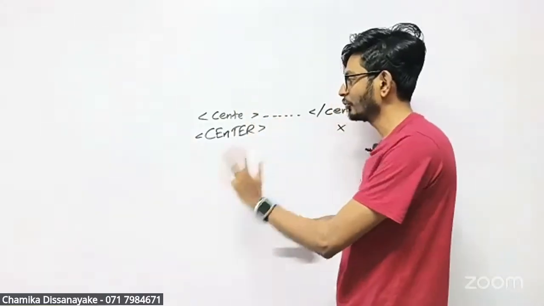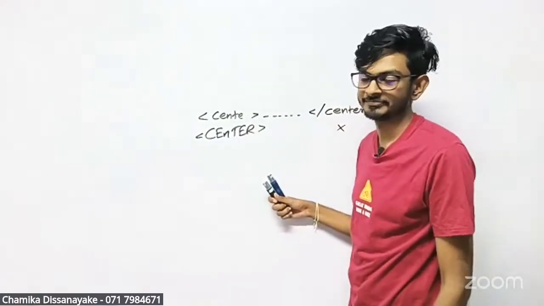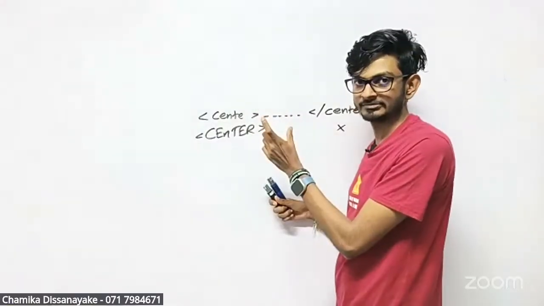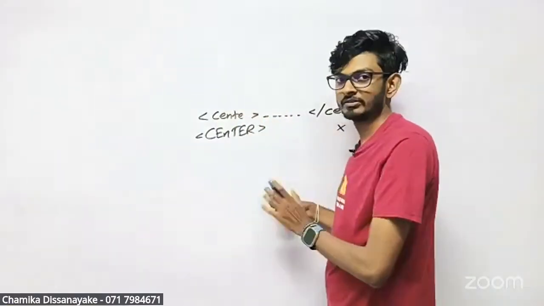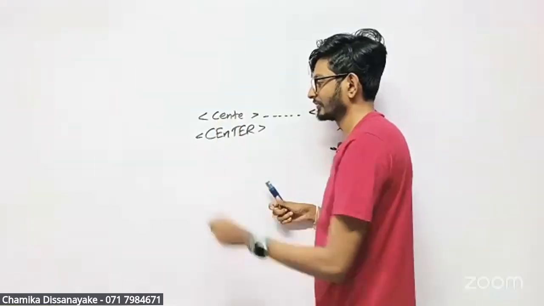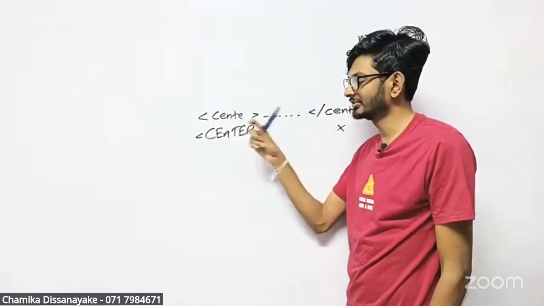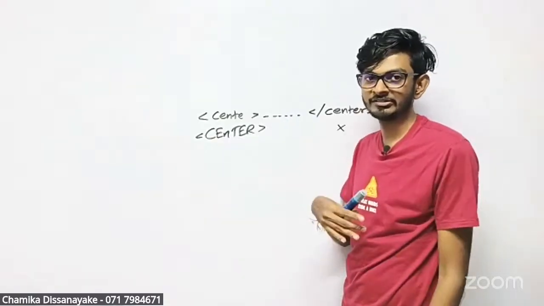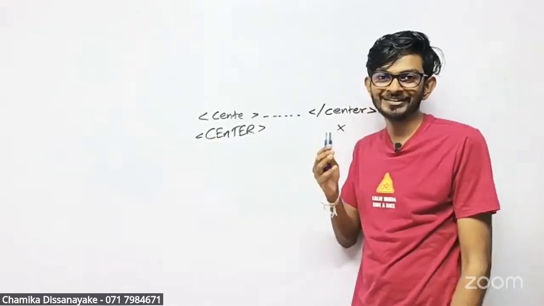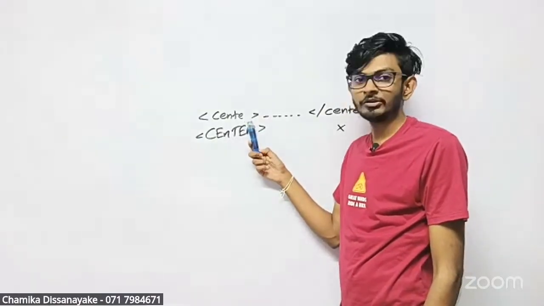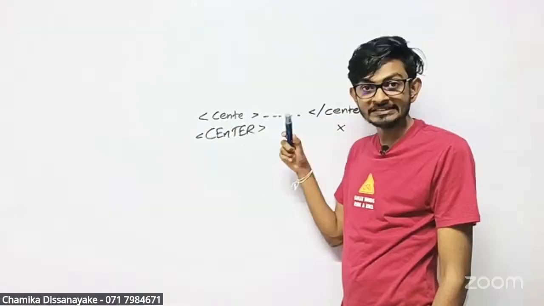But when we talk about HTML, if we have any error in a tag, the web browser will ignore this tag. Okay, it is not going to show a syntax error, or say I can't read this. What it is going to do is skip that one.